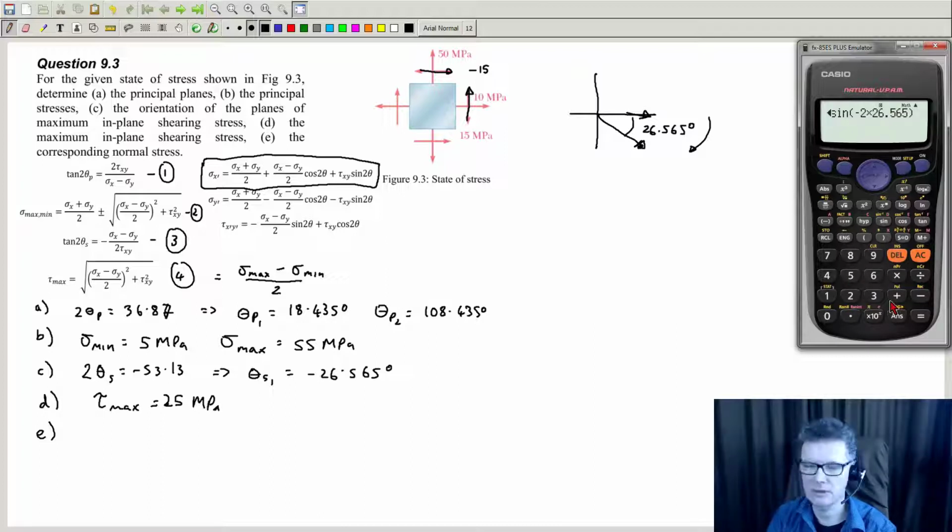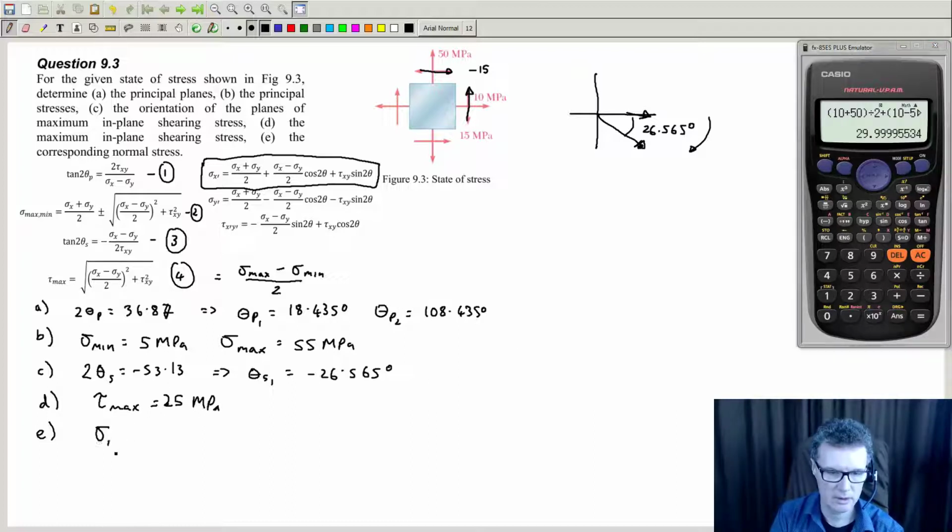Close the bracket. And there we go, nice number, 30. So the normal stress acting along the shear is going to be 30 megapascals. Okay, that's cool.